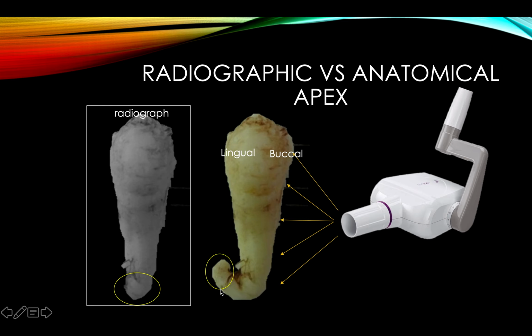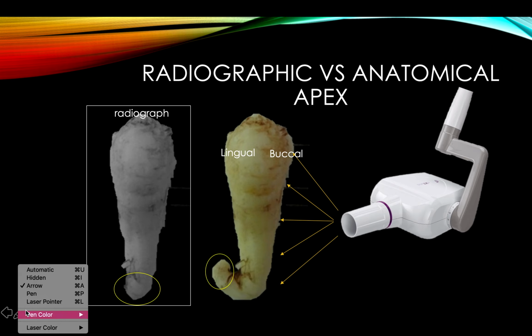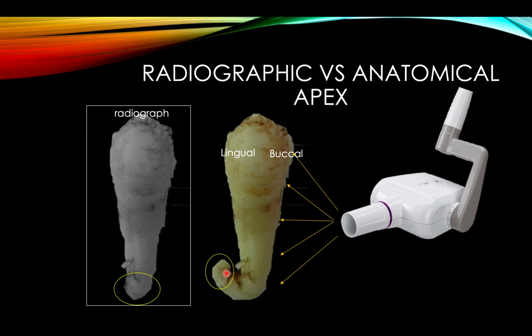So if the end of the root curves in a lingual or a buccal direction, then when you look at the radiograph, this part will overlap the root part and it will not be visible. So in the radiograph, you will think that this is the apex of the tooth. We call this the radiographic apex, while actually, if you extract this tooth, you will see that the apex of it is different from the radiographic apex.